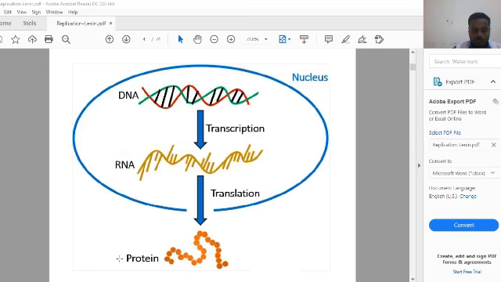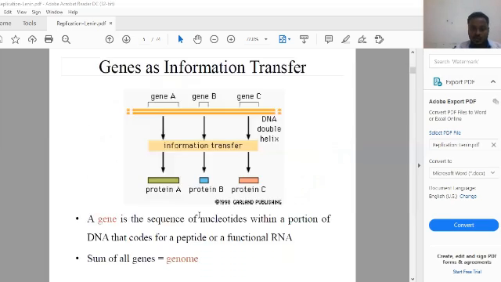RNA is converted to form protein, which is called translation. After translation, the proteins are released. After modification, the proteins are targeted to specific tissues. After post-modification of the protein, they enter the specific target tissues of the organs.